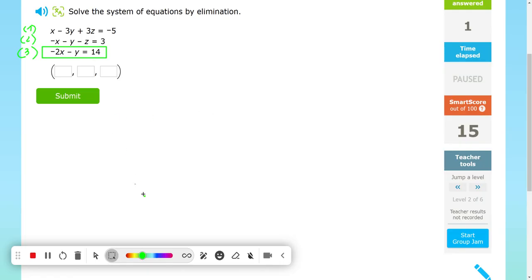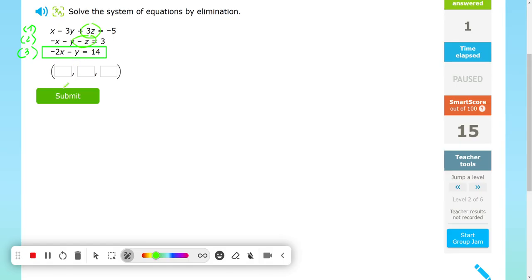Okay. So now take a look at equation number one and number two. Everybody take a look over here. This is 3z and this is negative 1z. So you have to make them opposite. Alright, Estefania, how do you make the z opposite?